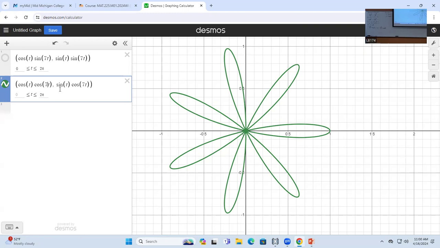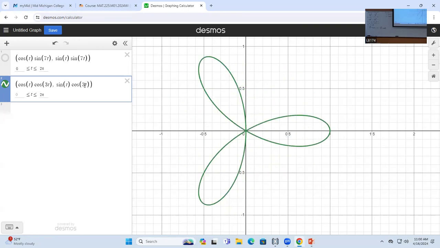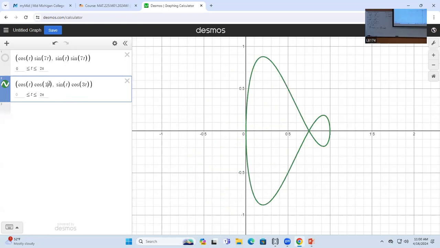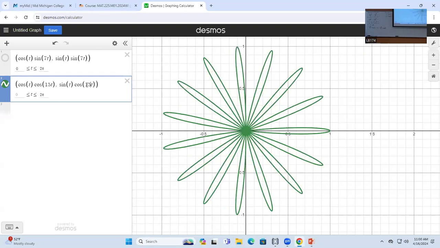And weirdly enough, change the 7 to 3 on both, you'll get 3 petals. Change it to, I don't know, 15 on both, you'll get 15 petals. And since we're dealing with cosines, one of the petals will be right along the x-axis.